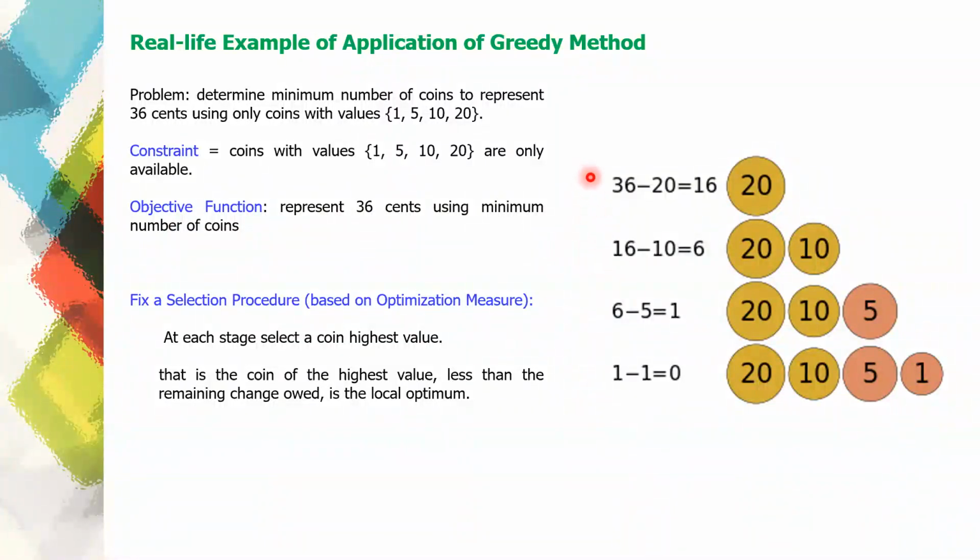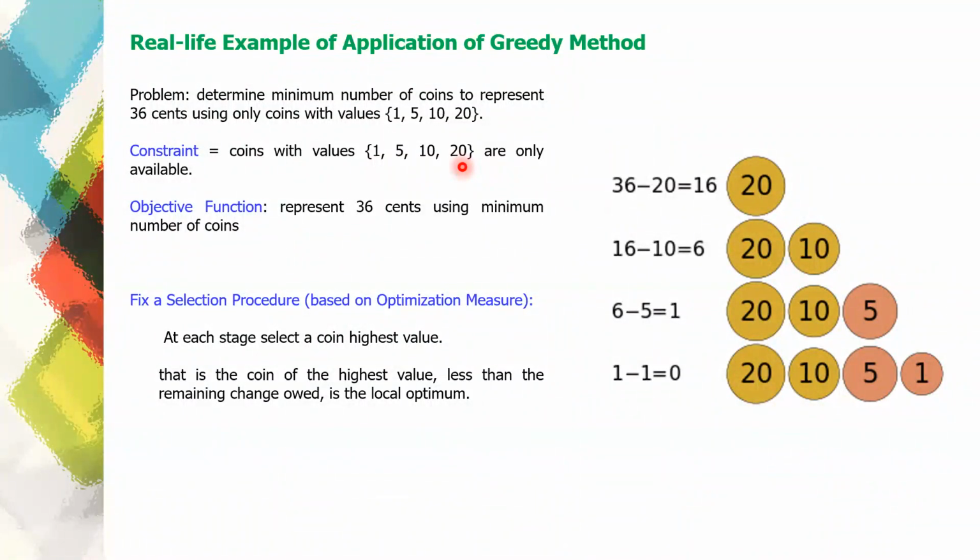Now in the first stage, among the coins 1, 5, 10 and 20, which one should I choose? I may start by choosing the coin with minimum value, or I may start by choosing the coin with maximum value.